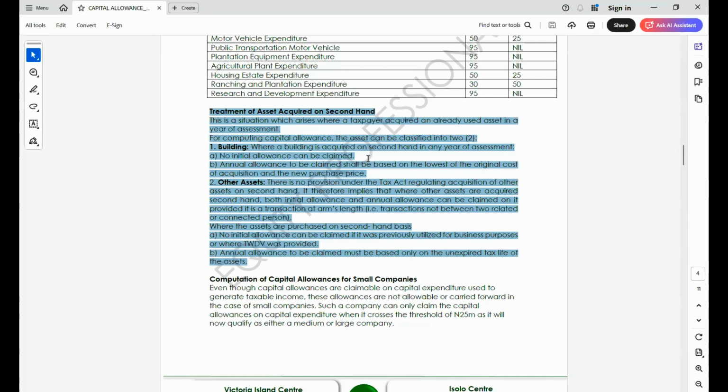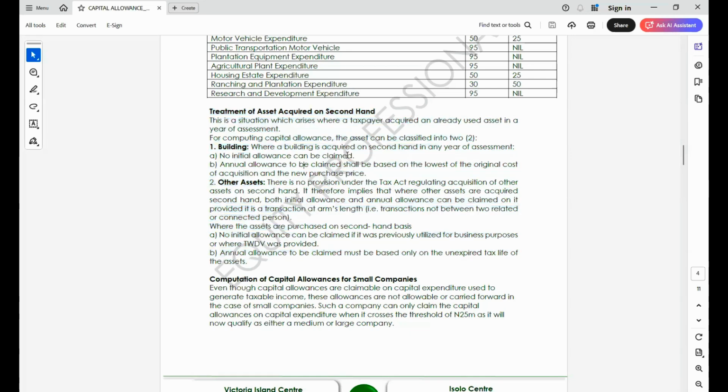So for the purpose of the law, any asset that is acquired on second-hand basis, the law groups the asset into two major forms. It is either you are acquiring building or you are acquiring another category of asset. Please, where building is acquired on second-hand basis, the following rule will be adopted.